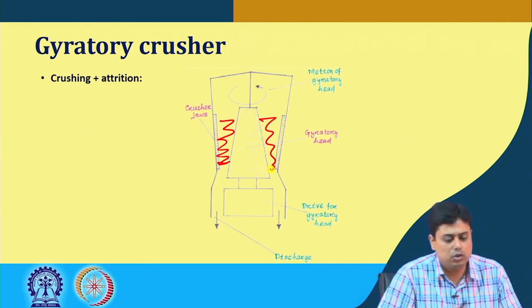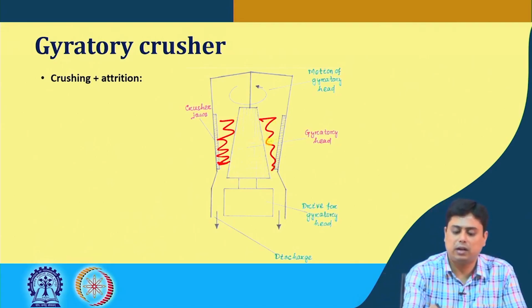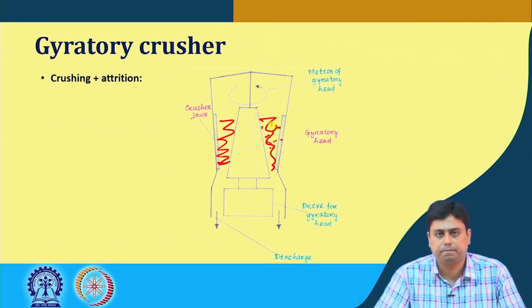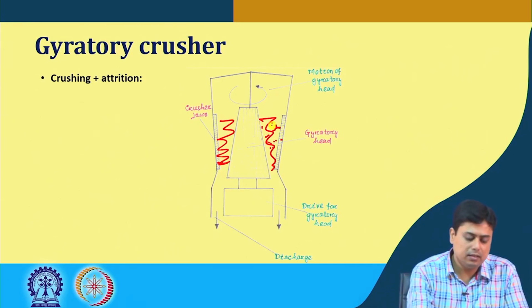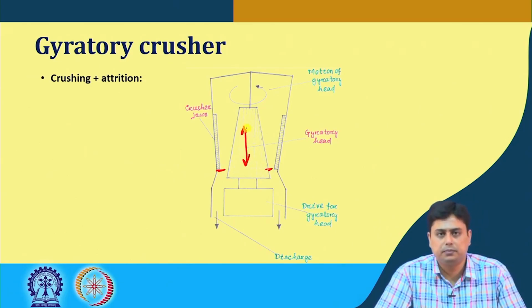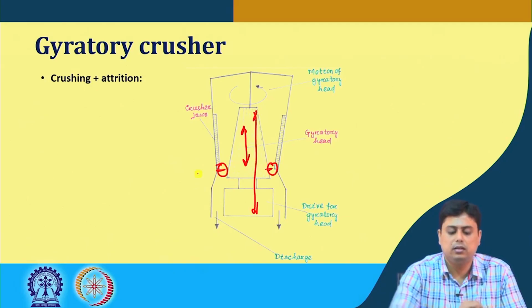So similar to the jaw crusher, in the gyratory crusher also the mechanism involved is the crushing between the two surfaces as well as the attrition between the particles, plus the particles with the surface. Now in this case, the product size can be maintained by adjusting this gap, which can be adjusted by placing this gyratory head in an appropriate manner.